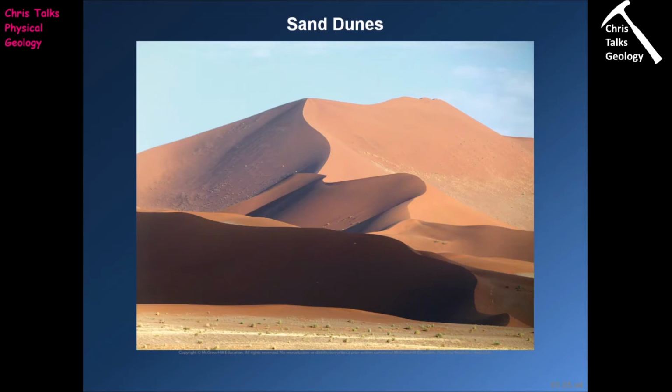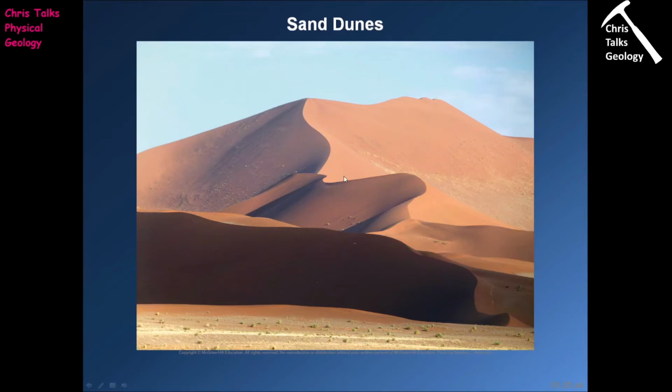And so this means that the wind can only move a very, very limited size of clast. It can't move the really, really big ones, and the really, really small ones get blown away by the wind and they're lost.